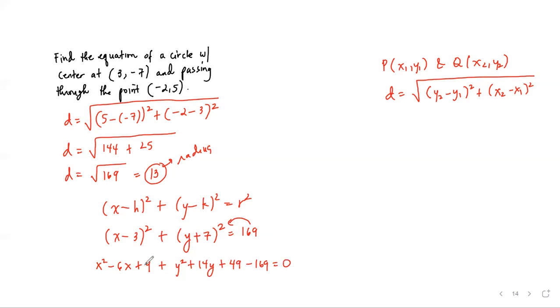So combining like terms, we get x squared plus y squared minus 6x plus 14y, and then 9 plus 49 is 58, minus 169 is negative 111 equals 0. So this is the equation of the circle in the general form.